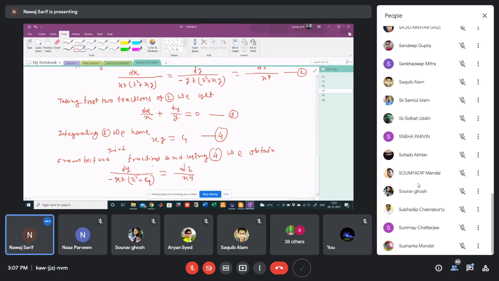From the first and third fractions, and using equation 4, we obtain dx by minus xz into z square plus c1 equal to dz by x to the power 4.